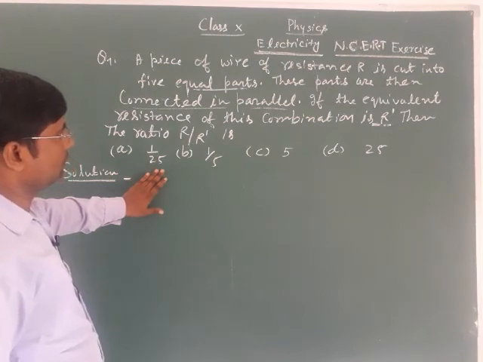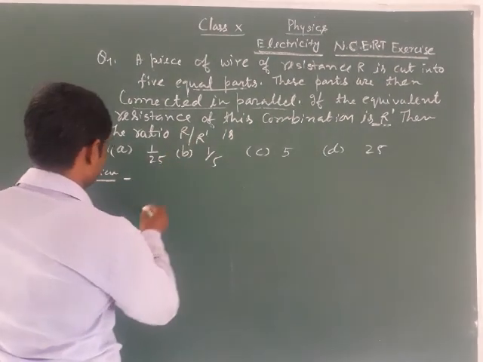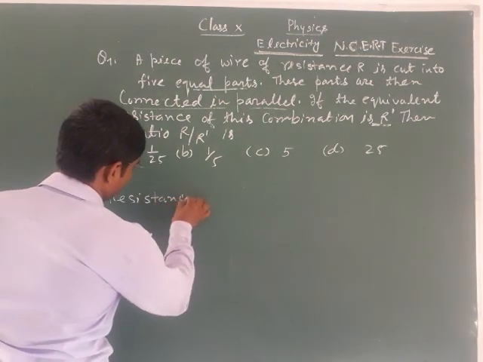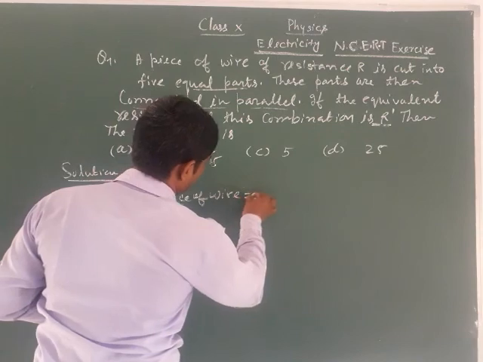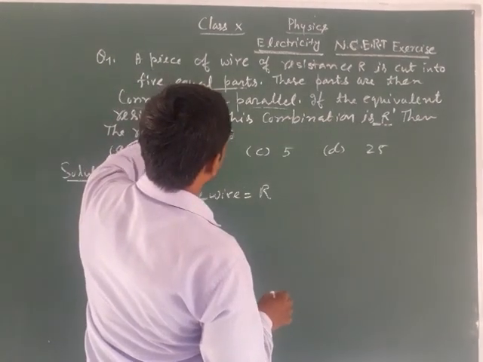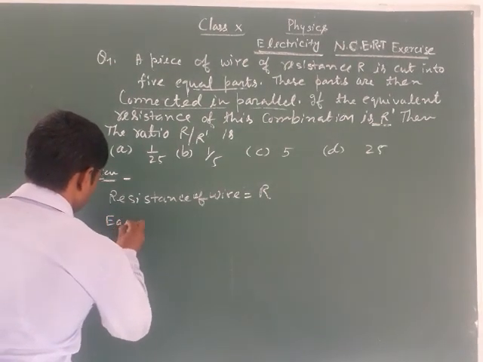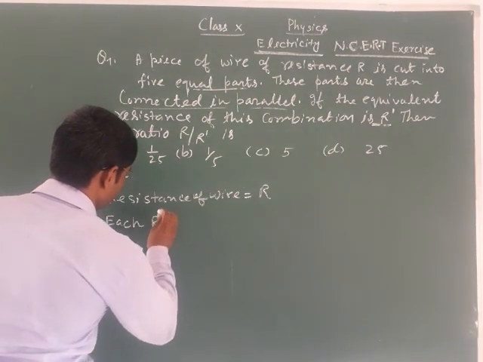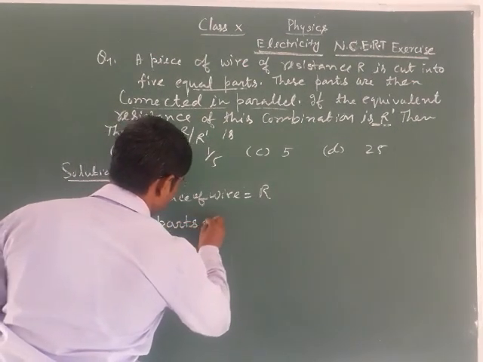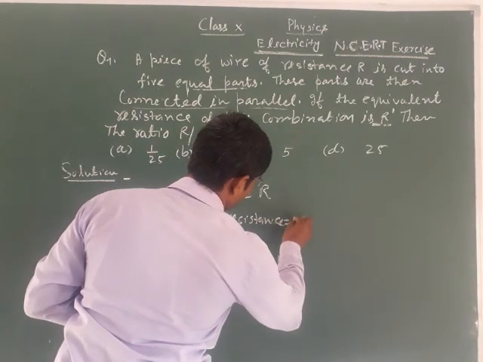Initially I will solve the question. The given resistance of the wire is equal to R, cut into 5 equal parts. So the resistance of each part is equal to R upon 5.